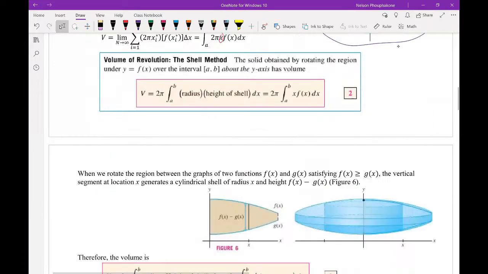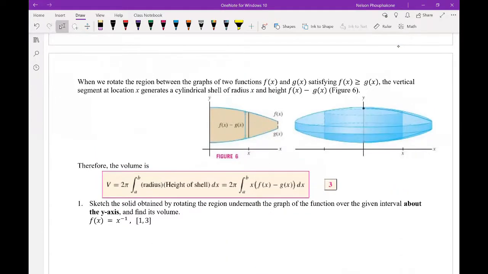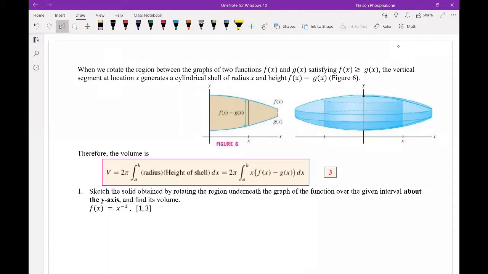Okay, then now, when we rotate the region between the graphs of two functions f of x and g of x, okay, f of x is the bigger function and g of x is the smaller function, satisfying f of x is greater than or equal to g of x. The vertical segment at x generates a cylindrical shell again, of radius x and height f of x minus g of x.